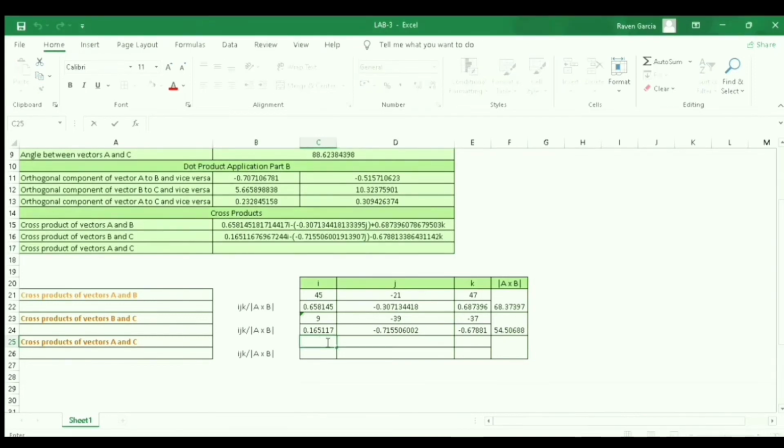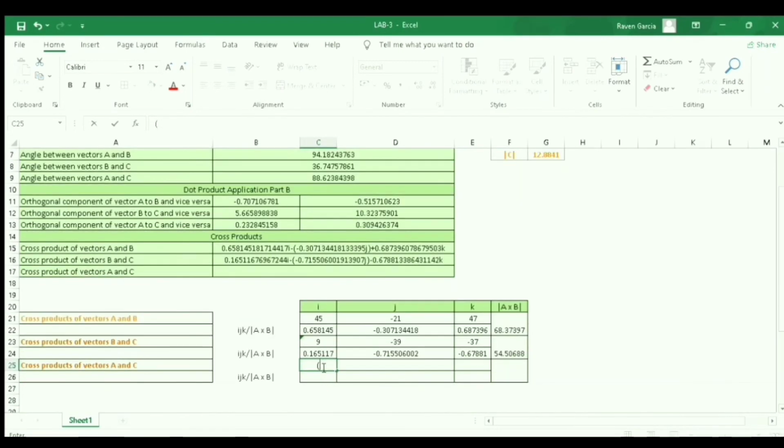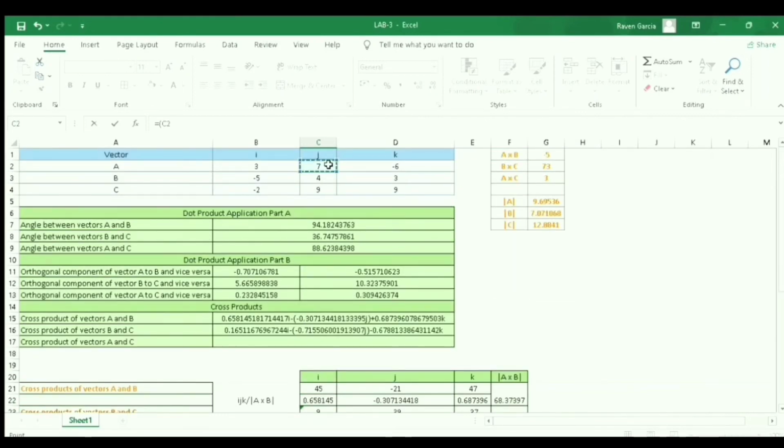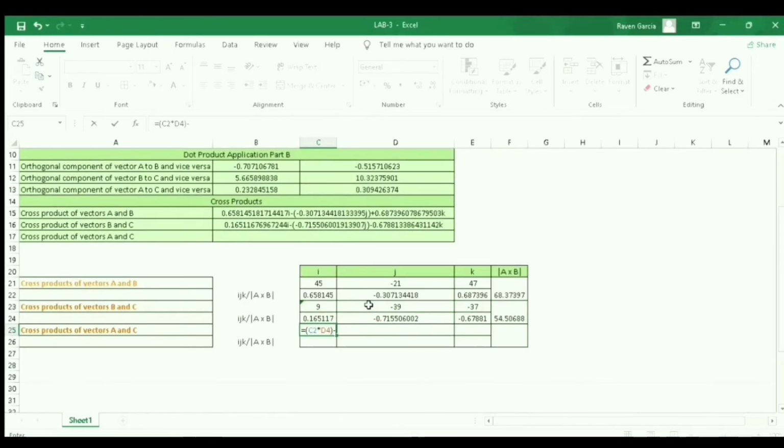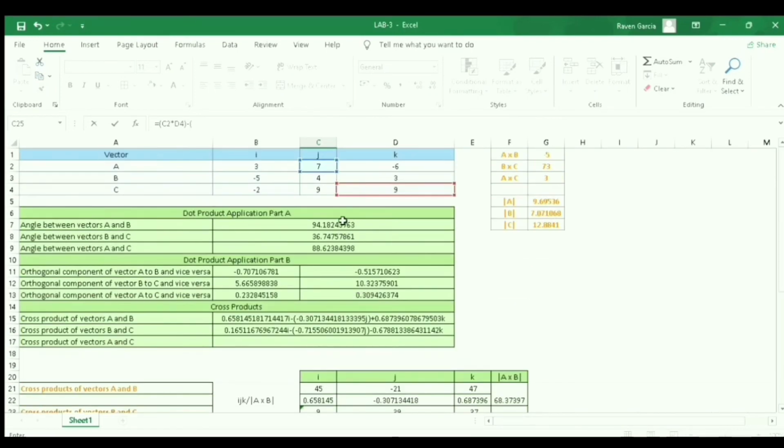For vectors A and C, at row 25, column C, input the formula equals parenthesis C2 times D4 close parenthesis minus parenthesis D2 times C4, and the answer is 117.